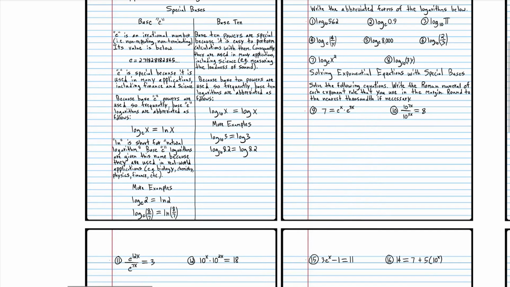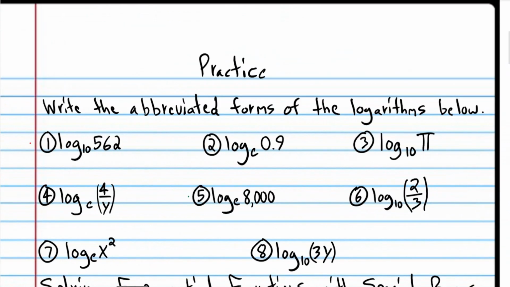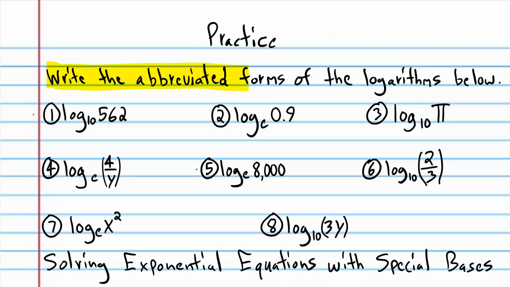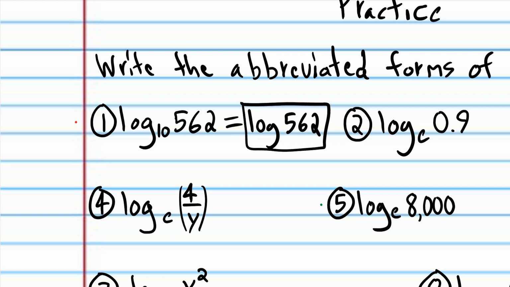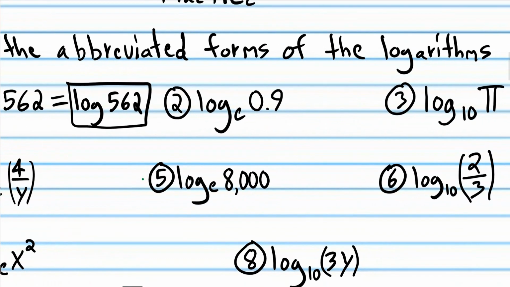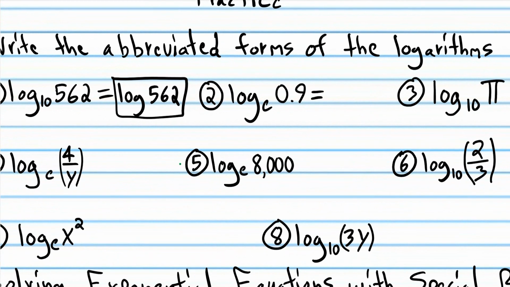So let's do some examples here. It says write the abbreviated forms of the logarithms below. Log base 10 of 562 can be abbreviated as log 562. Log base e of 0.9 can be abbreviated as ln 0.9.